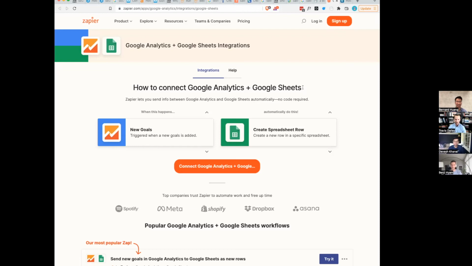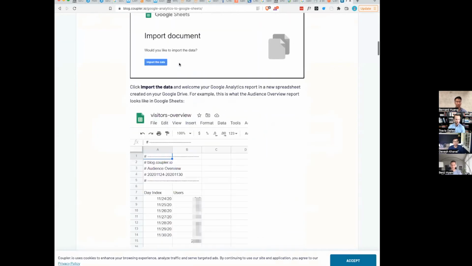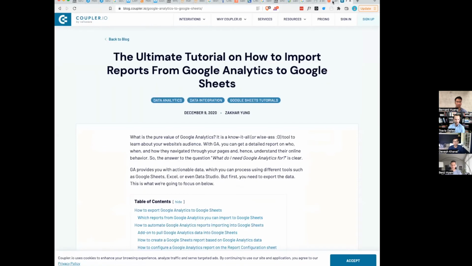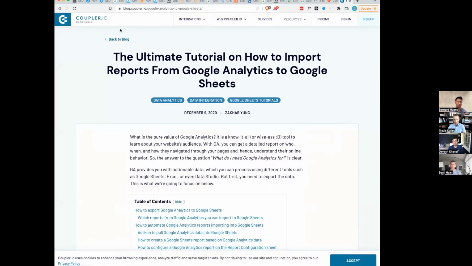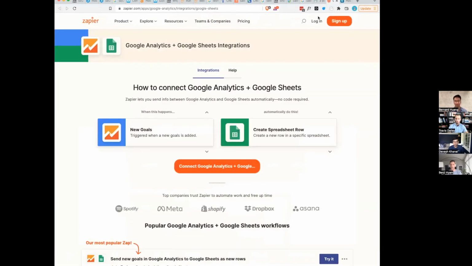But if it's competitive, it is no surprise that this level of depth from Coupler is outranking Zapier, which probably 99 out of 100 people on this webinar have heard of, and one, if that, has heard of Coupler. It's a good example of domain rating or strength or brand name not always winning.